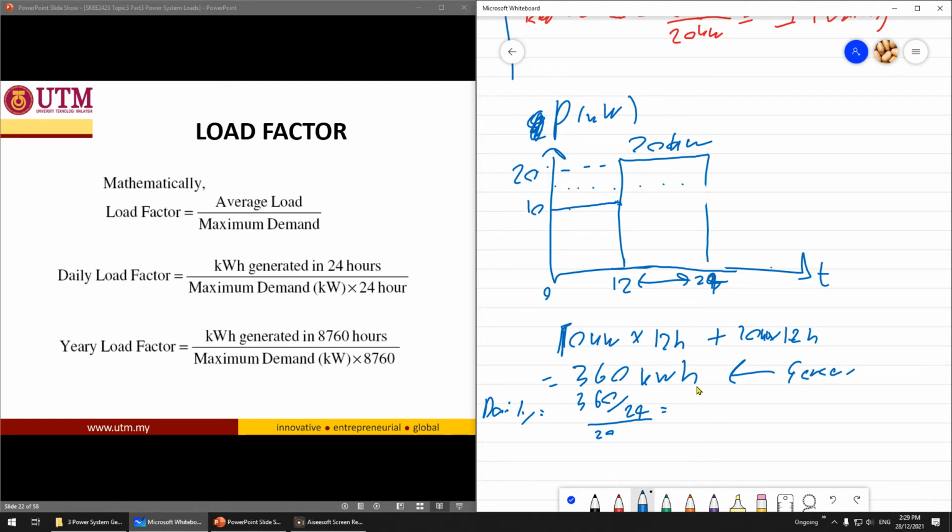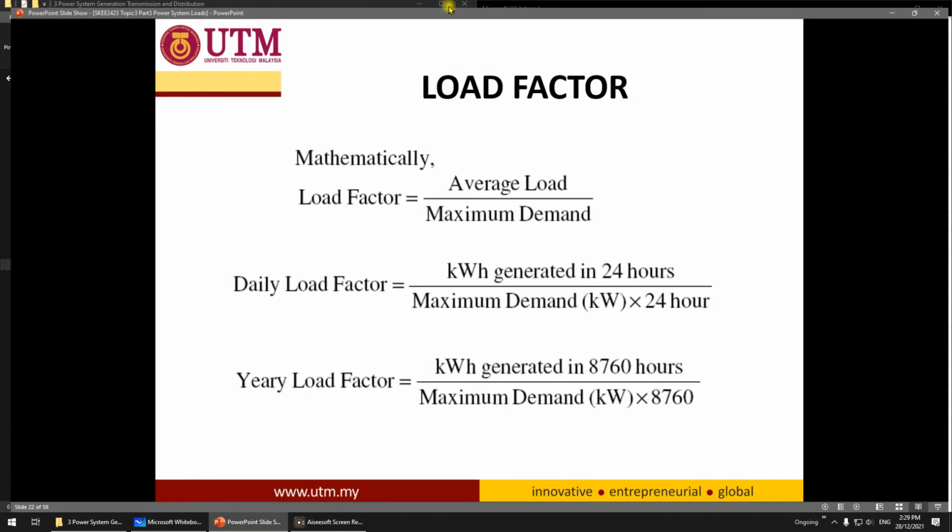So 360 divided by 24 divided by 20, you get 0.75. Be careful: this one is the energy generated, not the average energy.